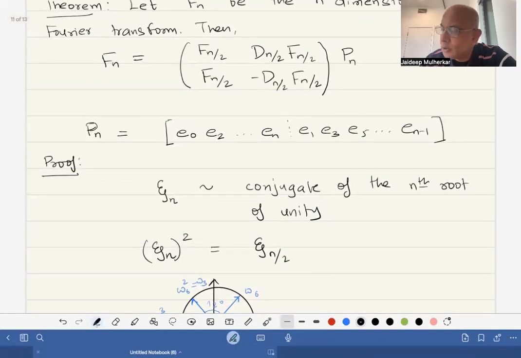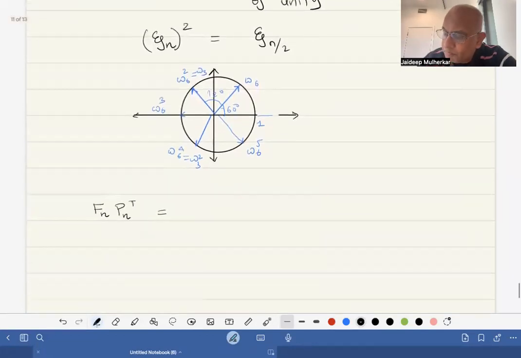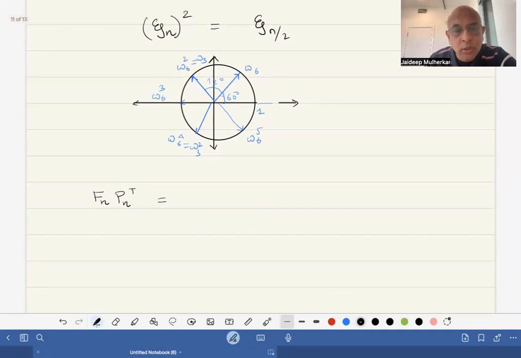This is the same as Fn applied to Pn transpose is equal to this matrix, right? If I apply Fn to Pn transpose, I will essentially exchange the columns in such a way that the even columns come together.